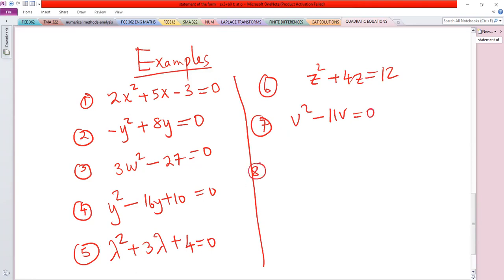Number 8, we can have x squared minus 2ax plus 8x equals to 16a.